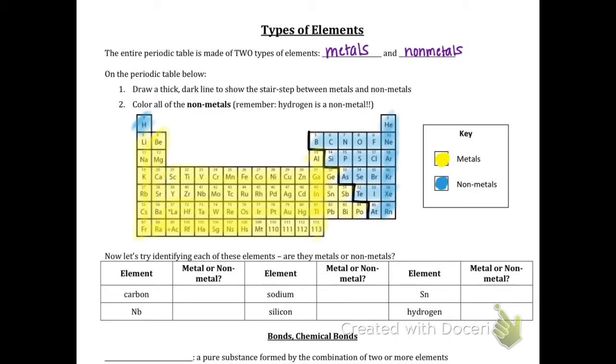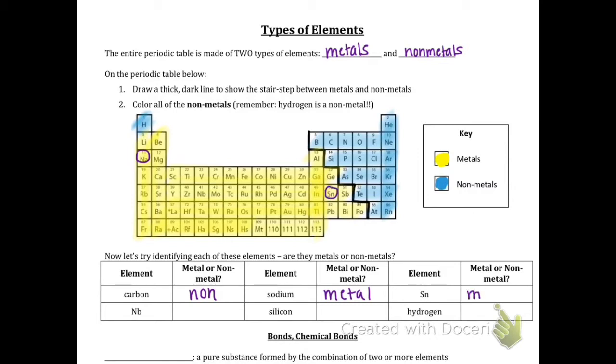Okay, so let's do a quick review. Look for carbon. Carbon is the element symbol C. Is it a metal or a nonmetal? It's a nonmetal. Okay, what about sodium? Sodium is on this side here. That is a metal. Sn, which is tin. Tin is over here.